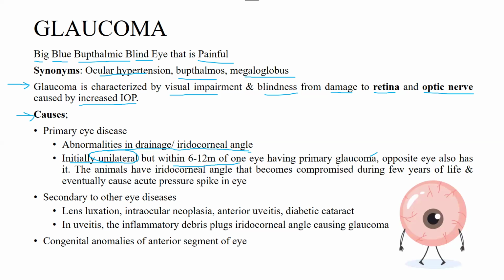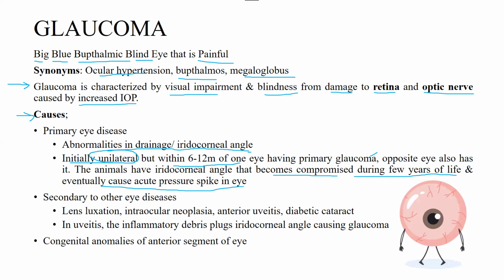The animals have iridocorneal angles that become compromised during a few years of life and eventually cause an acute pressure spike. So when this angle gets compromised, the fluid cannot go out, there is going to be an acute pressure spike and acute pain.